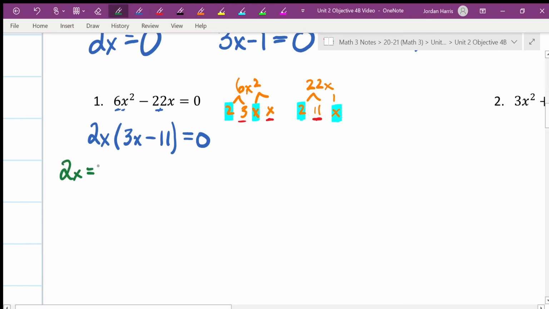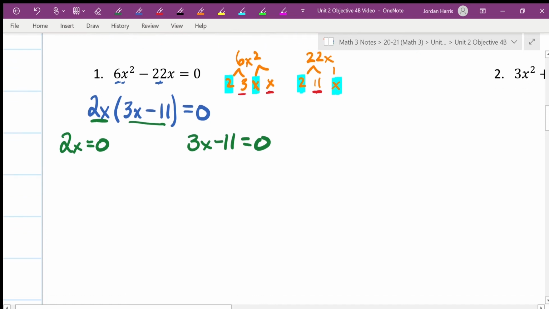2x equals 0, and 3x minus 11 equals 0. As long as one of these things equals 0, since I'm multiplying them, it'll make a true statement. So I would divide by 2. 0 divided by 2 is still 0, so the first one gives me x equals 0. That's my first possible solution.